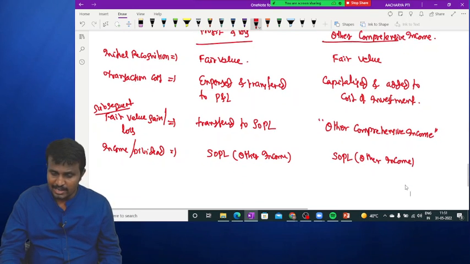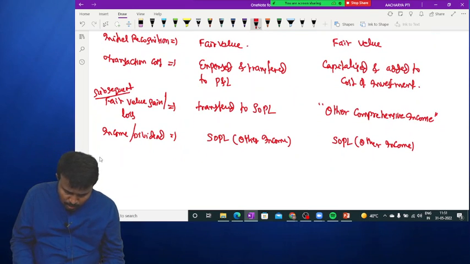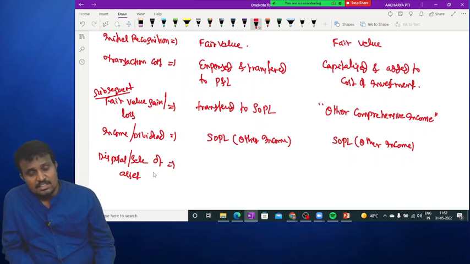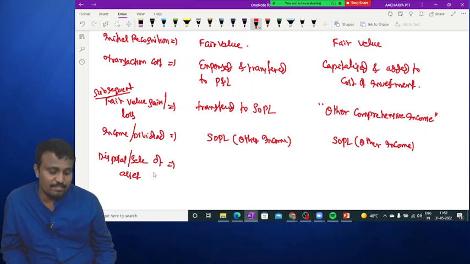Clear? And for example, disposal or sale of an asset. In case of disposal or sale of an asset, there may be either profit or loss on sale of that financial asset.